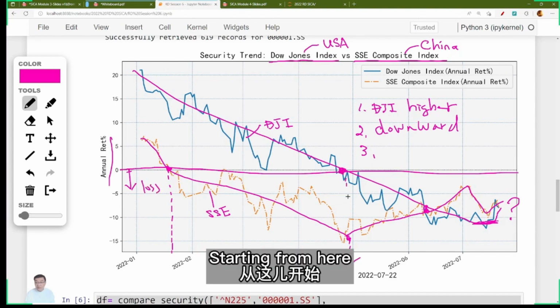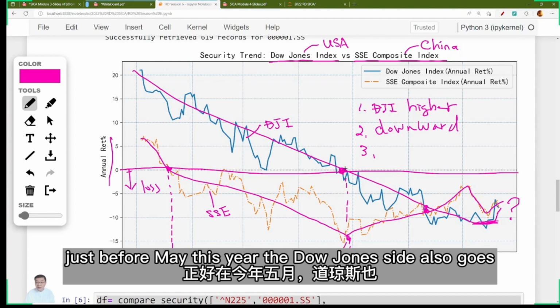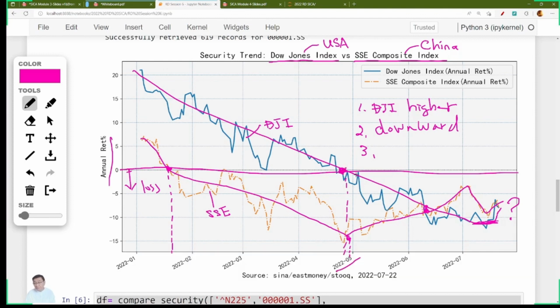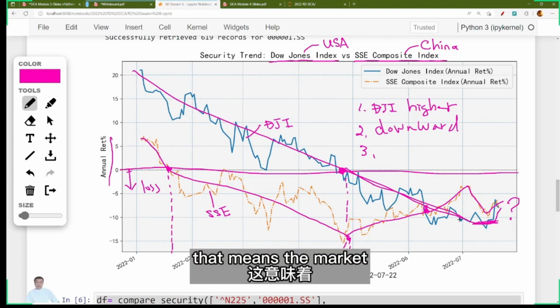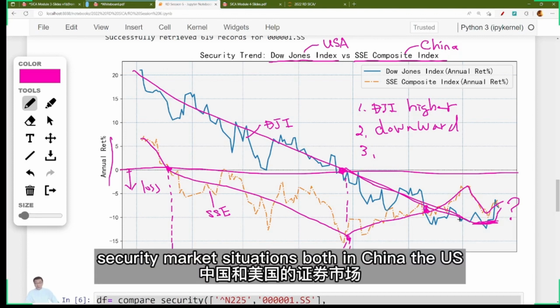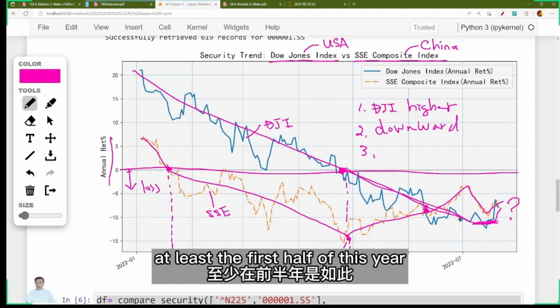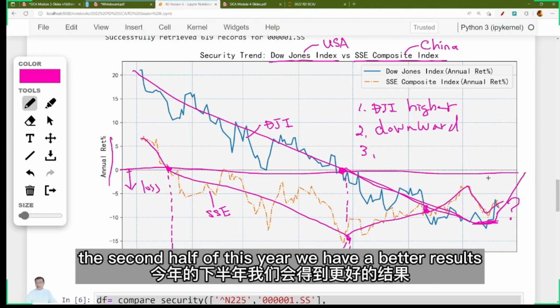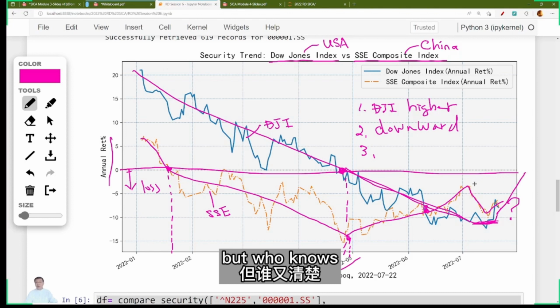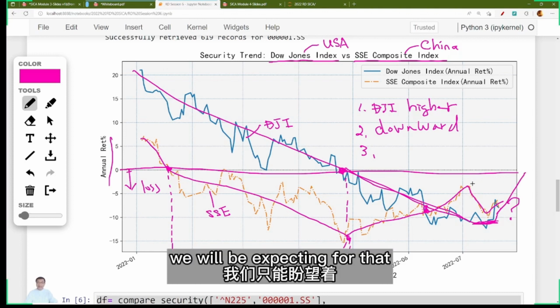Starting from here, just before May this year, the Dow Jones side also goes below zero, right? That means the security market situations, both in China and the US, are not that optimistic this year, at least in the first half of this year. We do expect the second half of this year to have better results, but who knows? We will be expecting that.